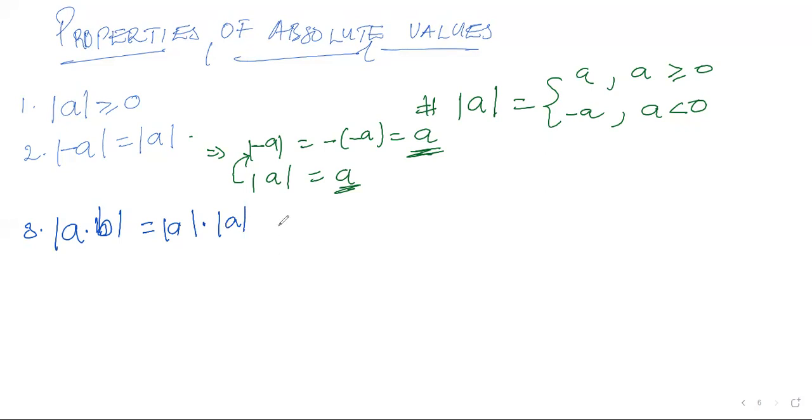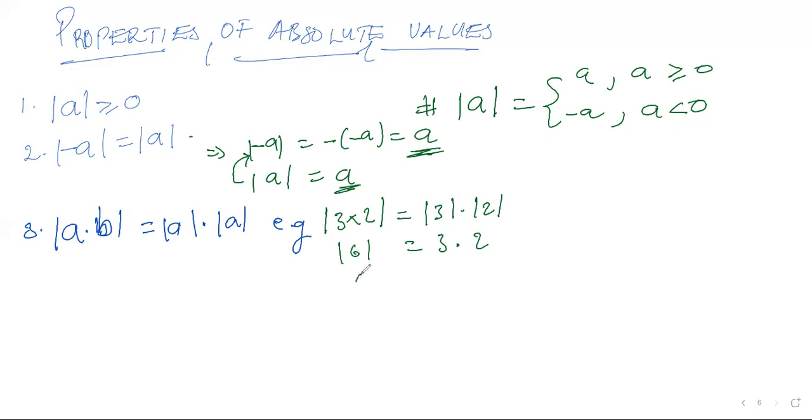So easy here, we can say modulus of 3 times 2 should be the same as modulus of 3 times modulus of 2. This is modulus of 6, and here modulus of 3 is 3 and modulus of 2 is 2.